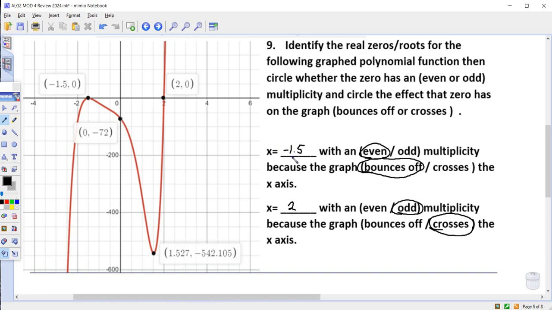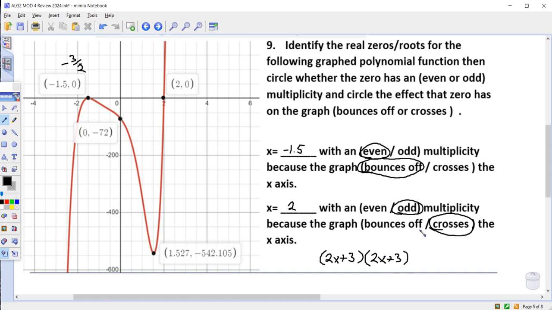So I know there are at least 2 factors in whatever this polynomial is. That's negative 3/2, and the factor for that zero would be 2x plus 3. I know there are at least 2 of those factors that are 2x plus 3.